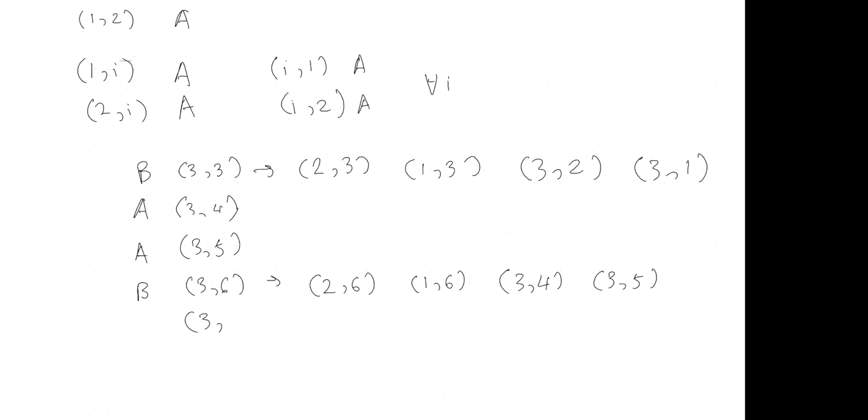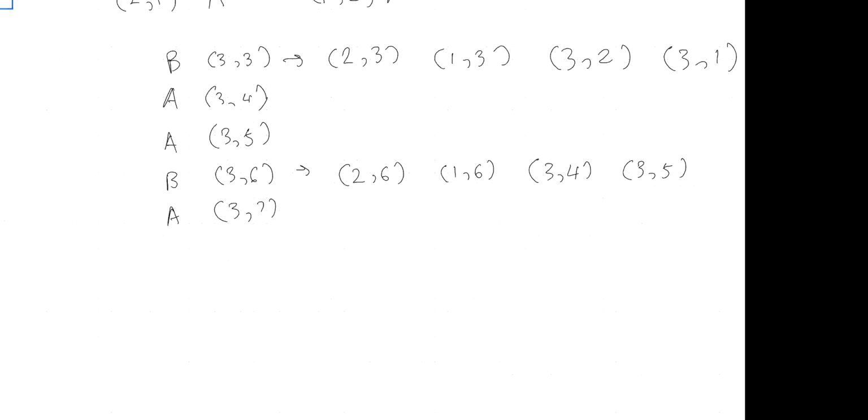This is a winning position for Alice. With similar logic, she could just remove 1. This is a winning position. And with similar logic, this is a losing position.